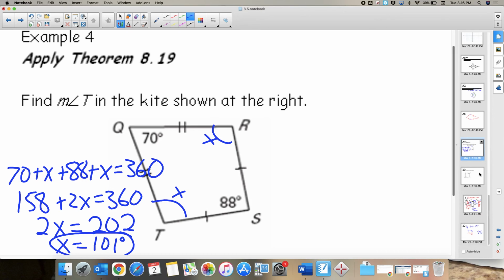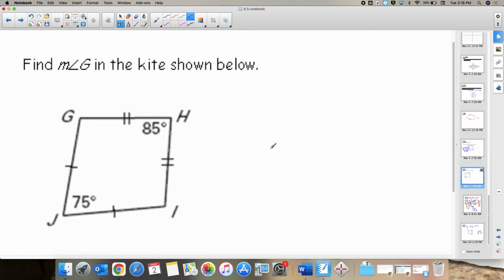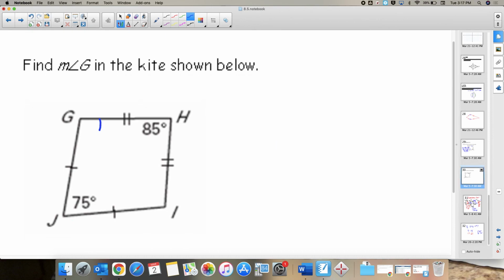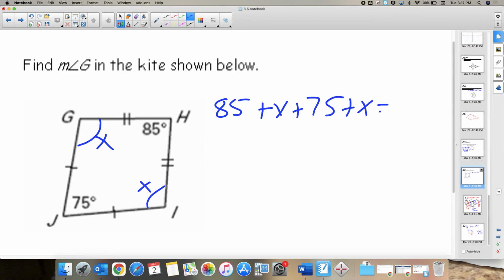Same idea, and then the second one. Identify what angles have to be congruent in the picture. So here it is angle G and angle L that have to be congruent. So once again, I'm just going to call each of those X. So it's 85 plus X plus 75 plus X has to equal 360.